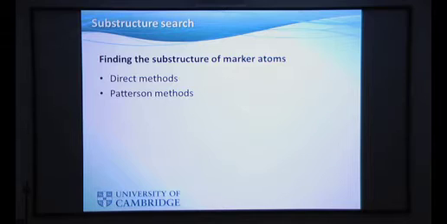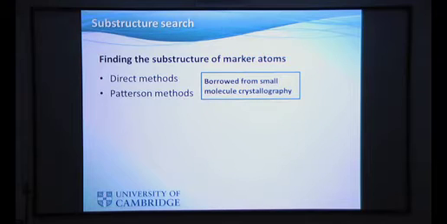So we find the substructure of marker atoms actually exploiting direct methods and Patterson methods that we have borrowed from small molecule crystallography. These methods require separate atom electron densities to locate atoms, and they work here because the marker atoms have large interatomic distances. Disulfides. Oh, what happens to disulfides?